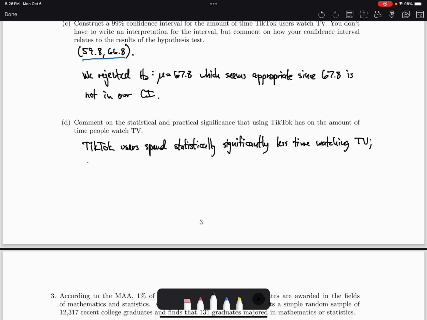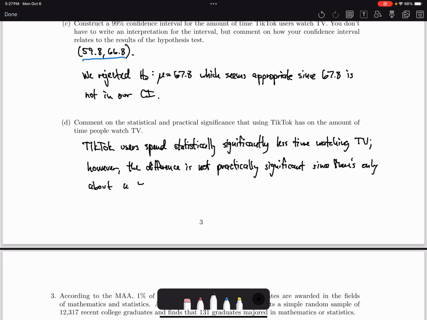However, the difference is not practically significant since there's only about a 4-minute difference, right?